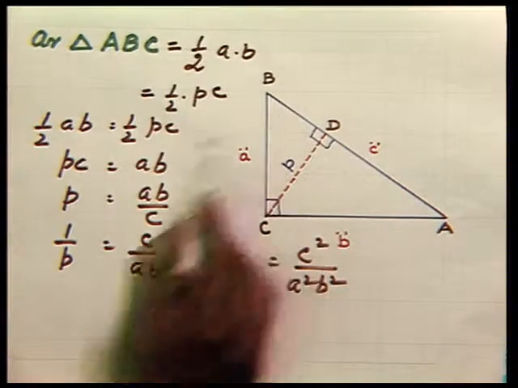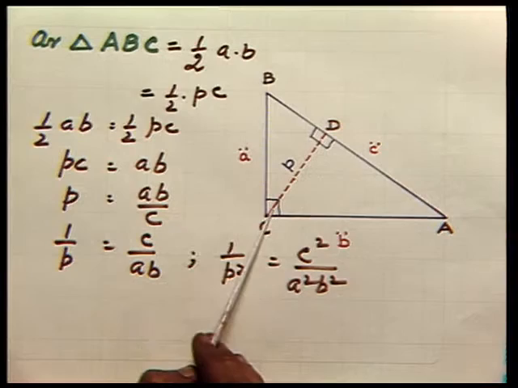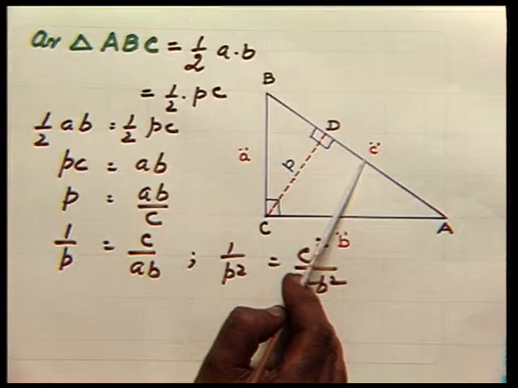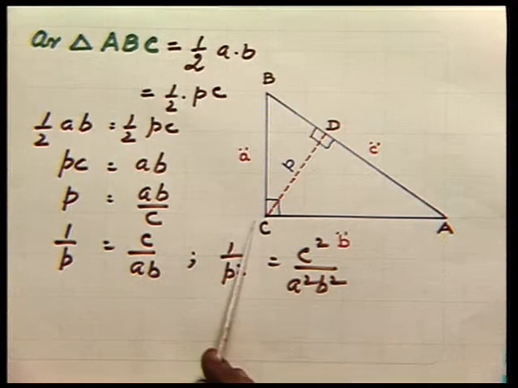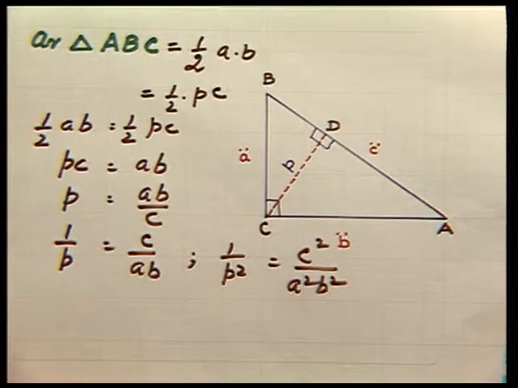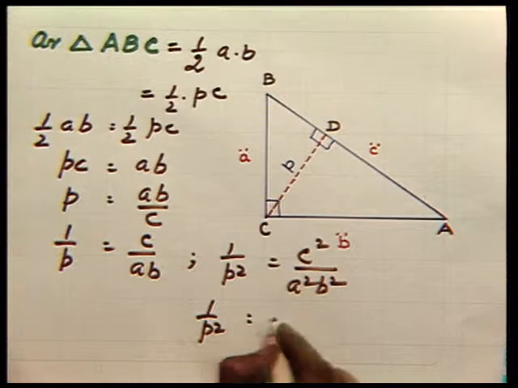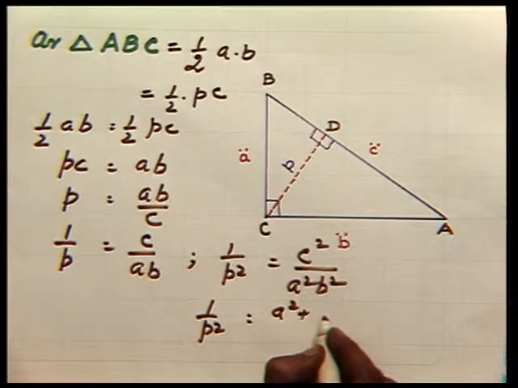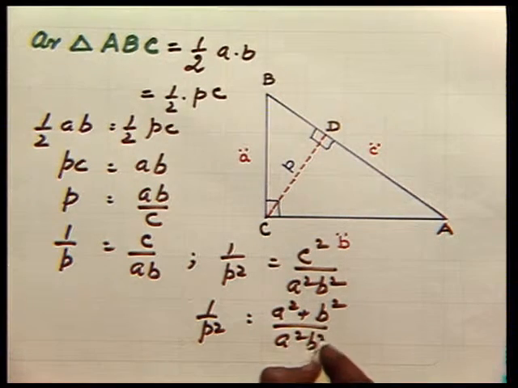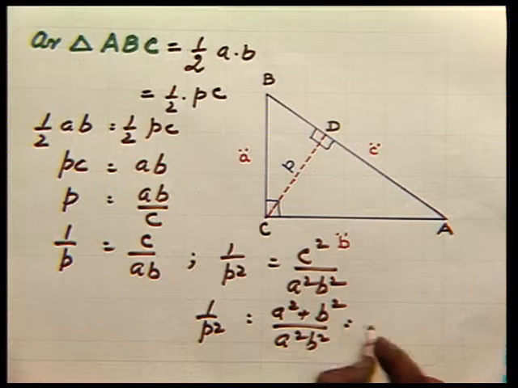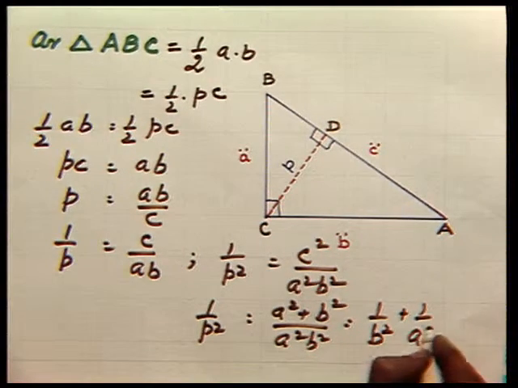But what is C squared? C is the side opposite to the right angle. So, C squared must be equal to the sum of the squares on the other two sides, that is AC squared and BC squared. So, this C squared can be replaced by A squared plus B squared upon A squared B squared, which on separating will give us 1 over B squared plus 1 over A squared.